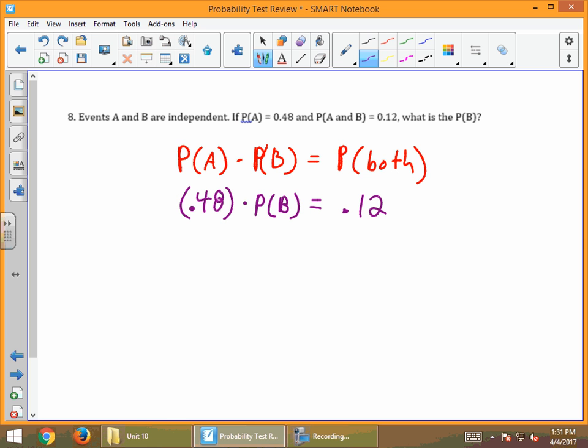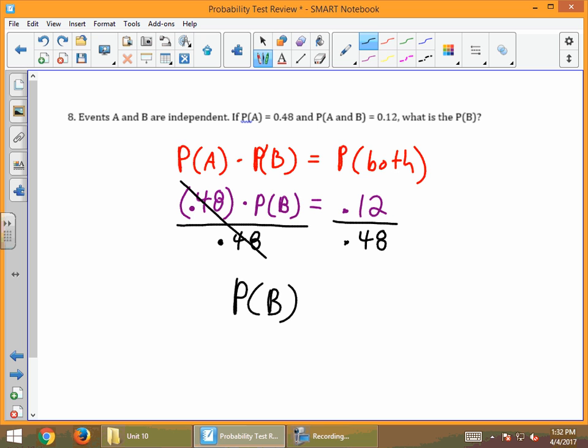Pretend that the probability of B is an X. Solve for X. What is that 0.48 doing to the probability of B, operation-wise? So how do you get rid of that? We are going to divide. Divide by 0.48. That's gone. Divide this side by 0.48. And guess what you're left with? You are left with the probability of B. So in your calculators, we can get that decimal. 0.12 divided by 0.48 gives me this, Alex? 0.25.